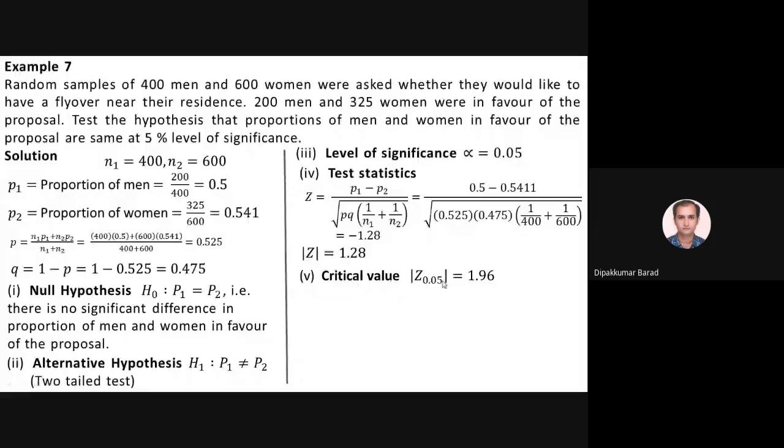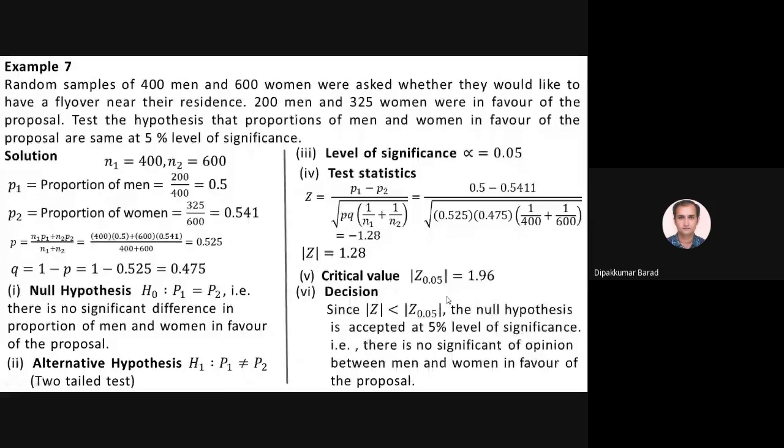You can see that this mod Z is less than mod Z at 0.05. So we can make a decision here that the null hypothesis is accepted at the 5% level of significance. It means there is no significant difference of opinion between men and women in favor of the proposal.